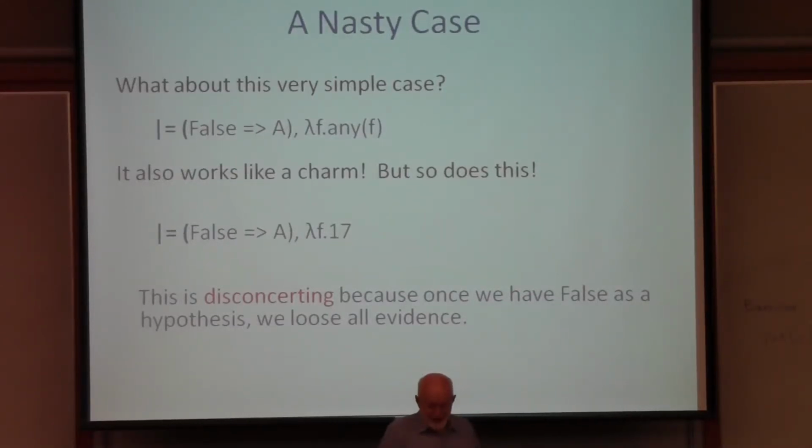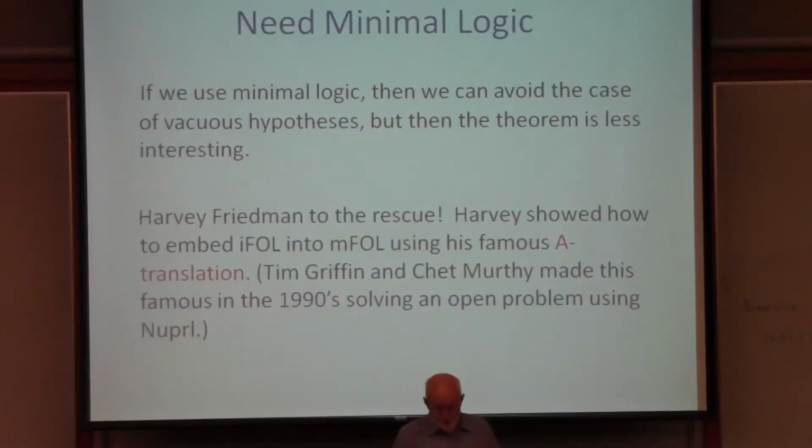I said, well, I remember a really beautiful result by Harvey Friedman that we capitalized on extensively, where Harvey showed you can embed intuitionistic logic uniformly into minimal logic. It was part of his grand scheme for showing something very meaningful.